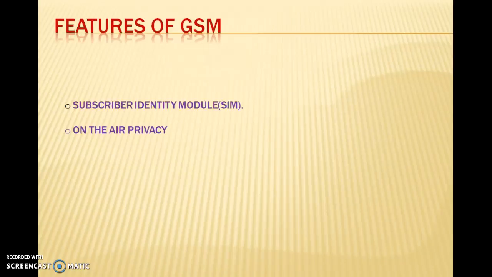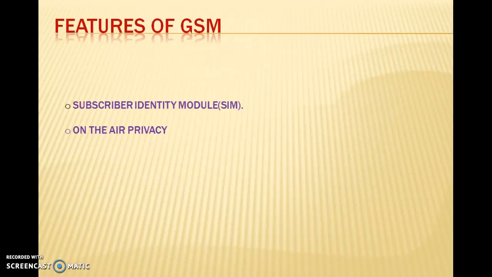The subscriber uses this SIM with a 4-digit personal ID number to activate service from any GSM phone. SIMs are available as smart cards which are removable and portable, and we all know without a SIM installed the GSM mobile is useless. Another feature is on the air privacy.